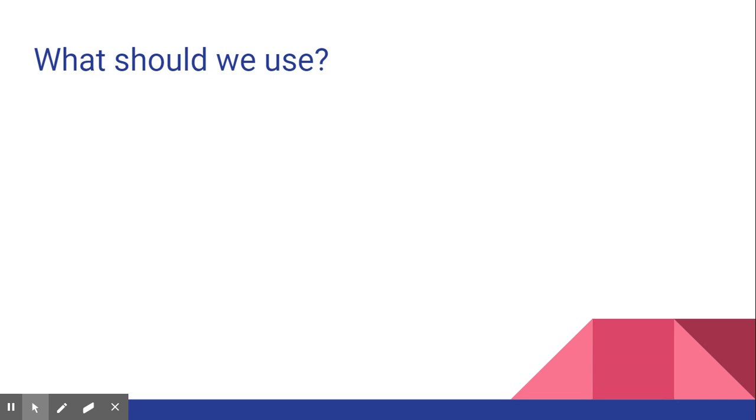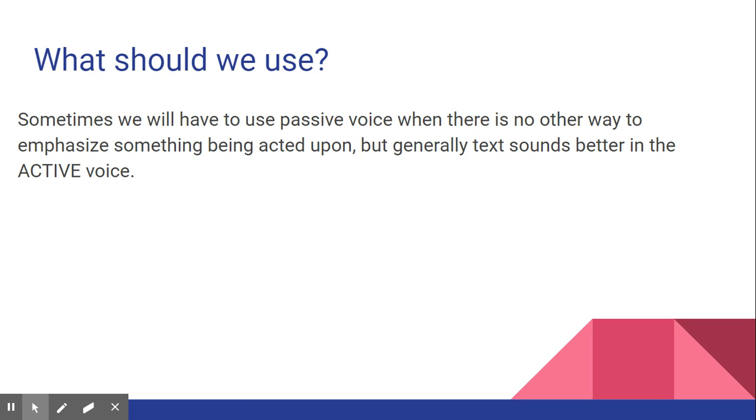So if we have active voice and passive voice, which one should we use? Well, sometimes we can't get away with active voice all the time. Sometimes we have to use the passive voice because there's no other way to emphasize that something is being acted upon. But usually we want to use active voice.